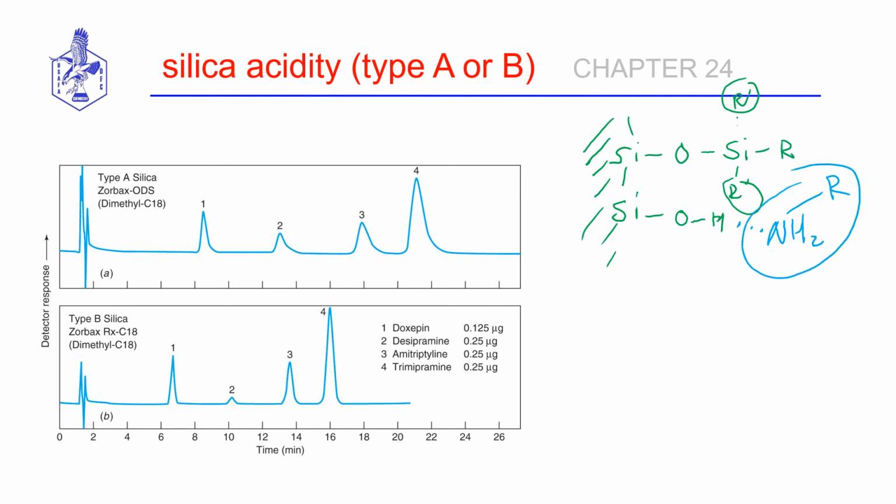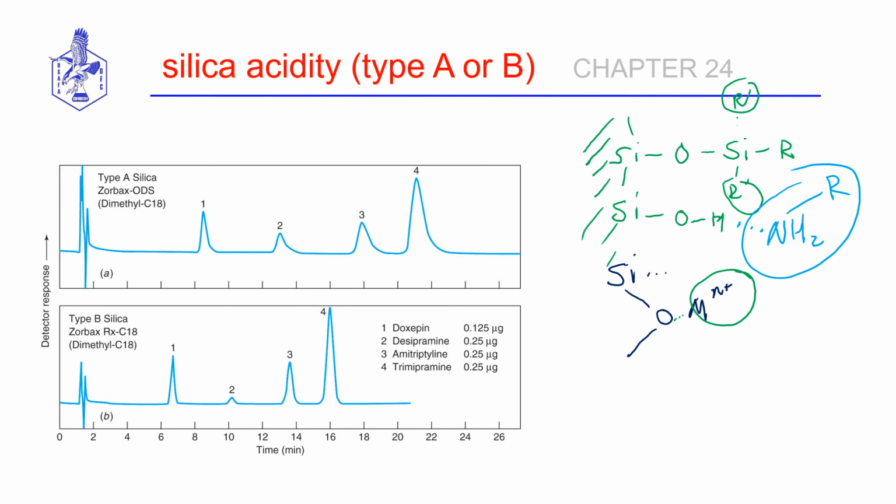The other source of acidity on a silica surface is if you've got any metal ions affiliated with the surface. Such as that. So contamination, metal ions, can lead to acidity.